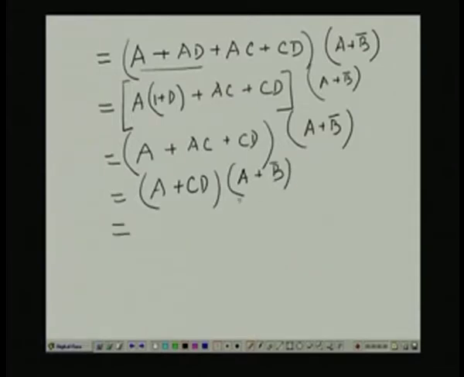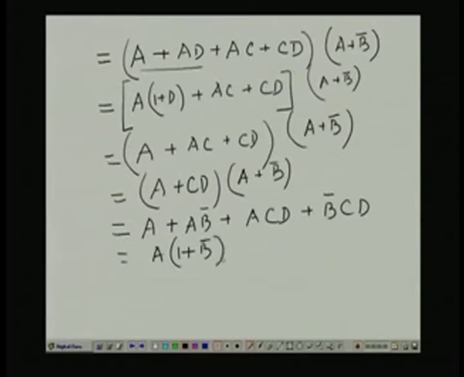Now, if I again apply the distributive law, this becomes A plus A B bar plus A C D plus B bar C D. Now, from here A into 1 plus B bar, plus A C D plus B bar C D. From here 1 plus B bar equals 1.